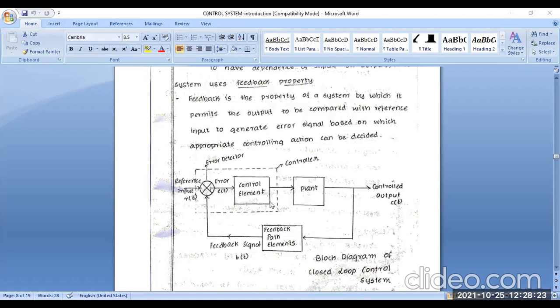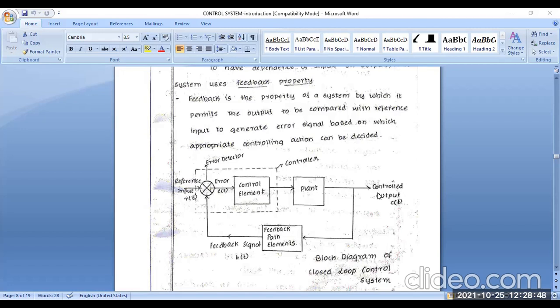Okay, then after this controller part, the signal is given to the plant or process, that is industries. So this controlling signal is given to the process or plant. Then this process or plant processes the input given from the controller part. Then finally you get the output, that is the controlled output.